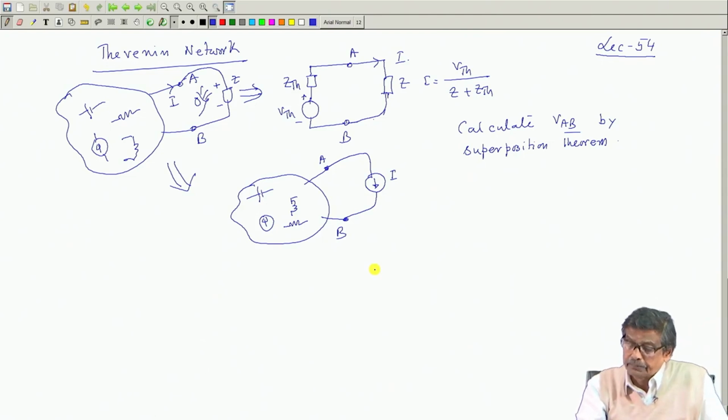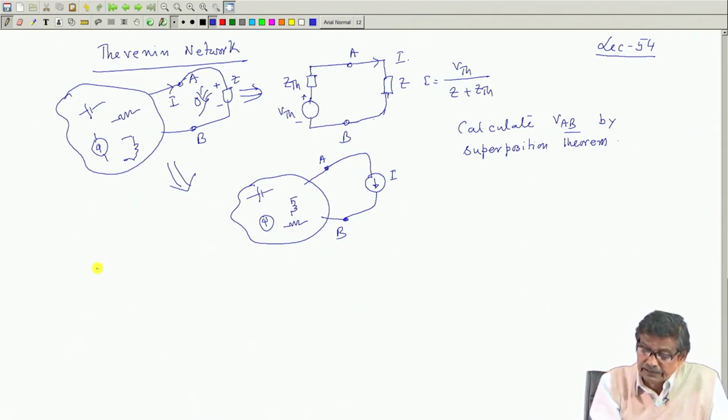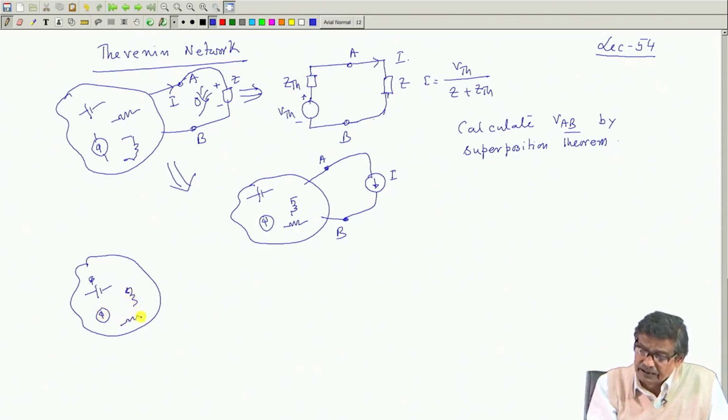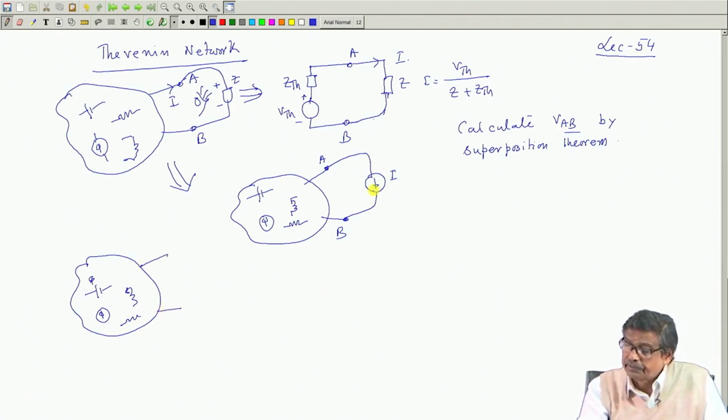To calculate V AB by the superposition theorem, this is the network. In this network, in the first step, all sources internal to the circuit are present, all the parameters, everything is there, and the current source is also present.